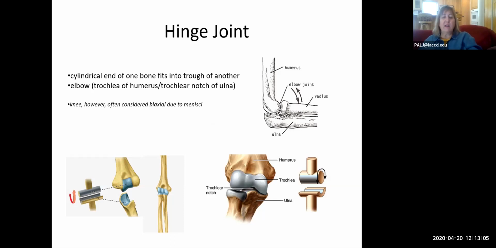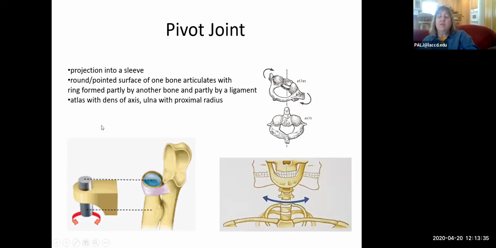However, we also have a hinge joint in our knee, with one caveat. I don't have knee written down here because even though we are taught that the knee is a hinge joint, it has some other type of movements going on because of those menisci.